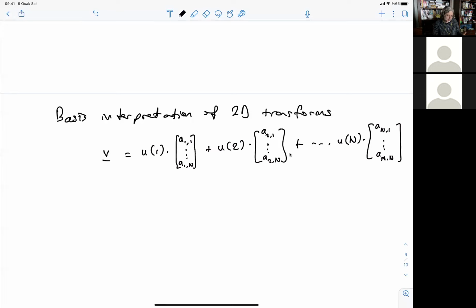Okay, this is what we have. It actually means A times U. This matrix vector multiplication essentially corresponds to this kind of notation.